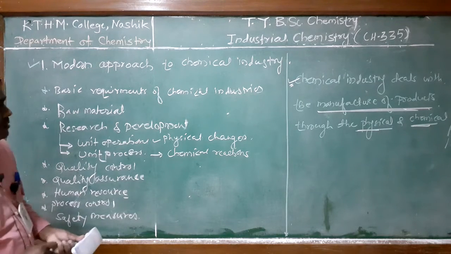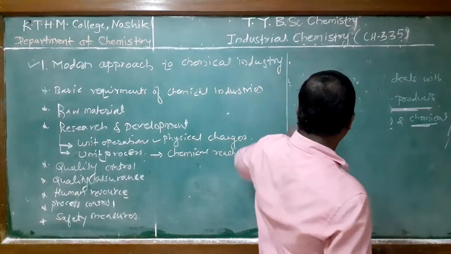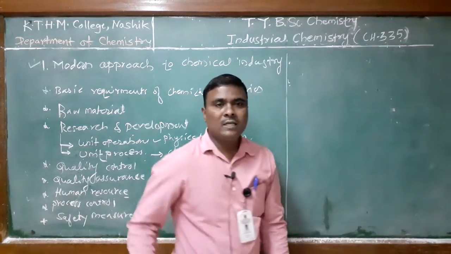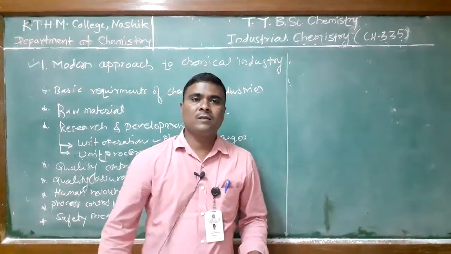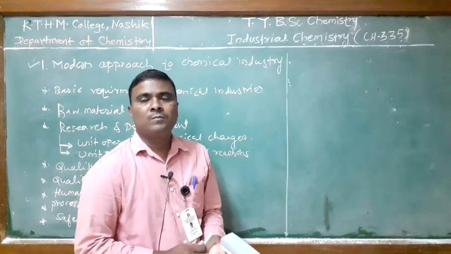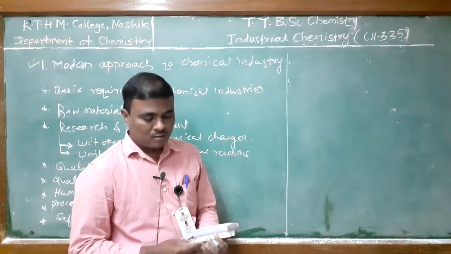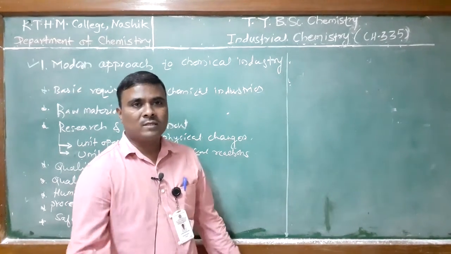The next point we are going to cover in this chapter, that is to cover the intellectual inventions. While working in chemical industry, whatever the personnel or scientists invent, that has to be protected.